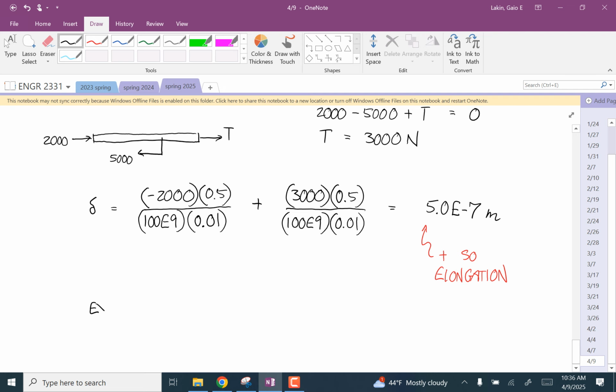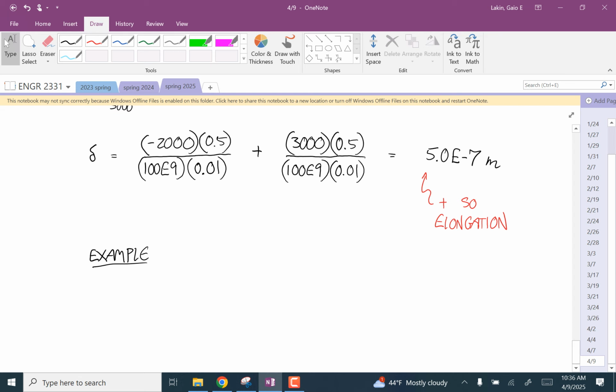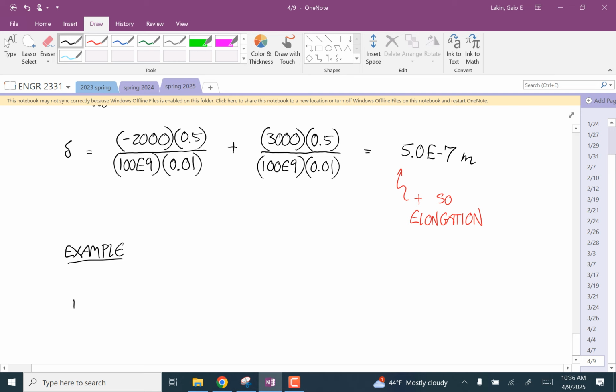Let's do another example. I will do this one with the integral definition. So for this one, let's say we have a material that looks sort of like this from a side view. And let's say we have a 20,000 Newton force on this side and a 20,000 Newton force on this side.